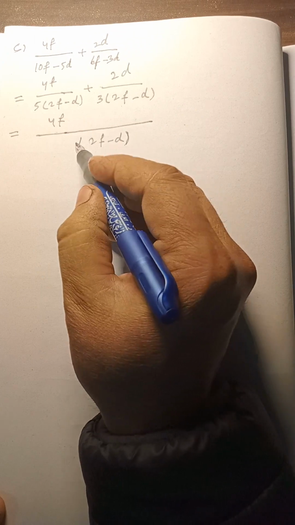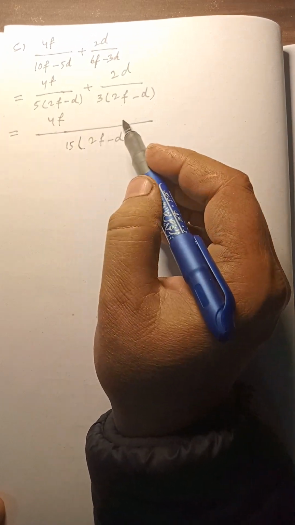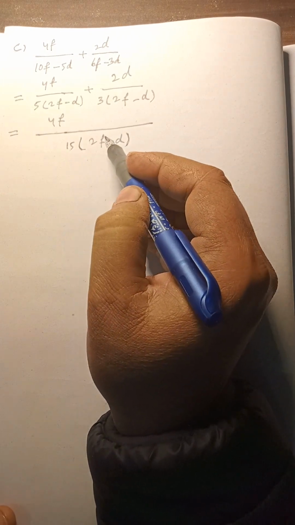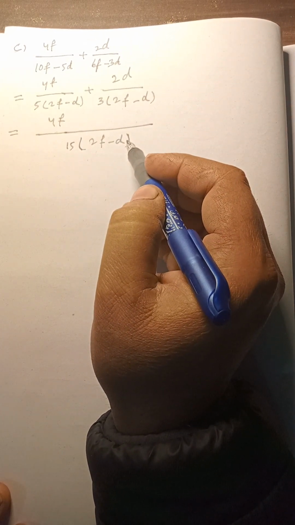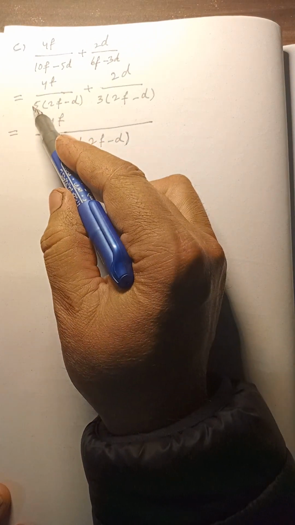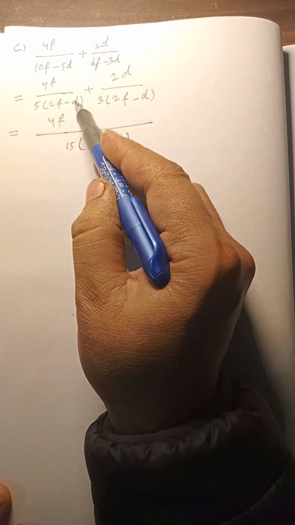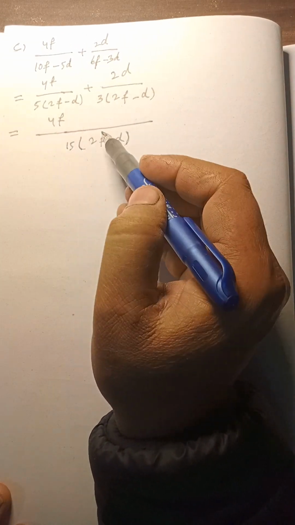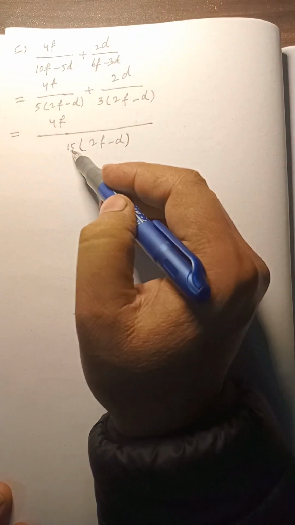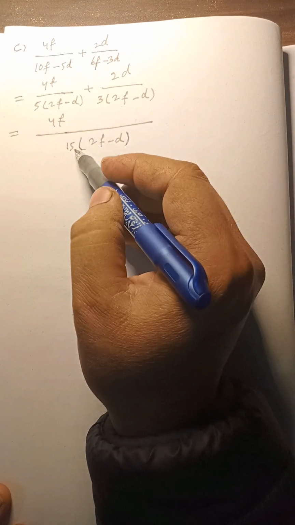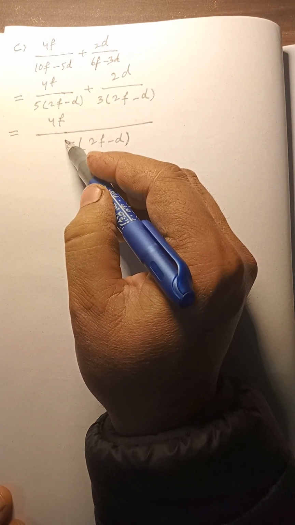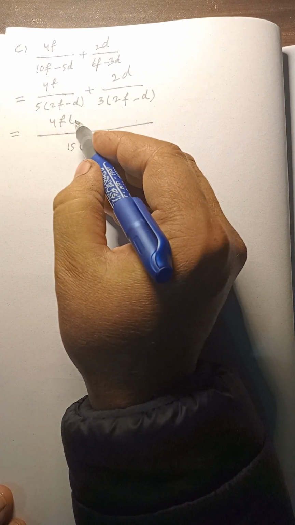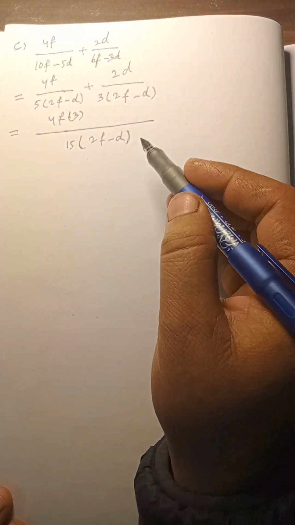So 5 threes are 15, and 15 into (2f minus d) will be written here as the LCM. Now when this LCM is divided by 5 into (2f minus d), 2f minus d will be cancelled out, and when 15 is divided by 5, the answer is 3, so 3 will be multiplied by the numerator. Numerator was 4f, so we multiply it by 3.